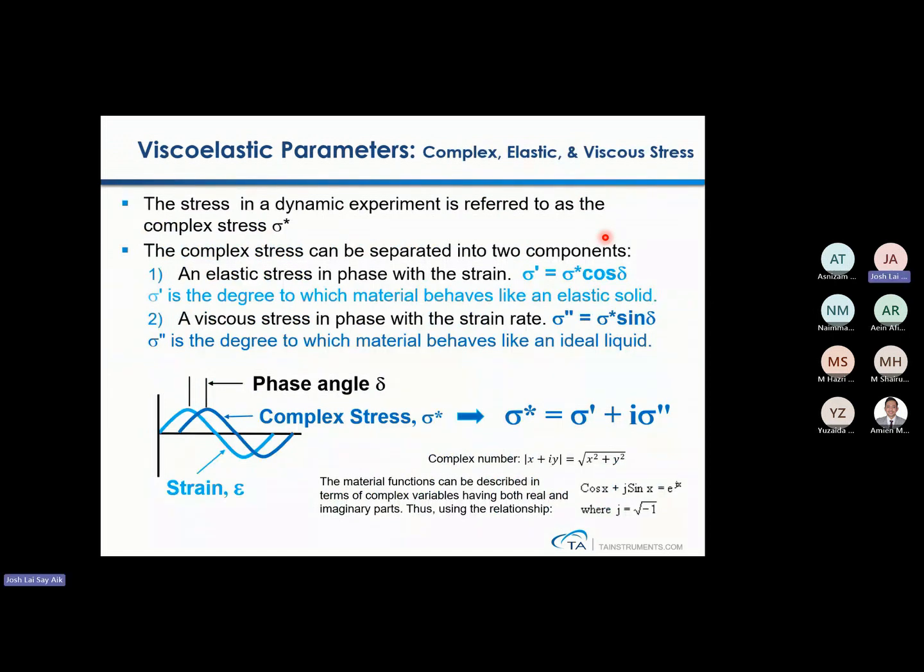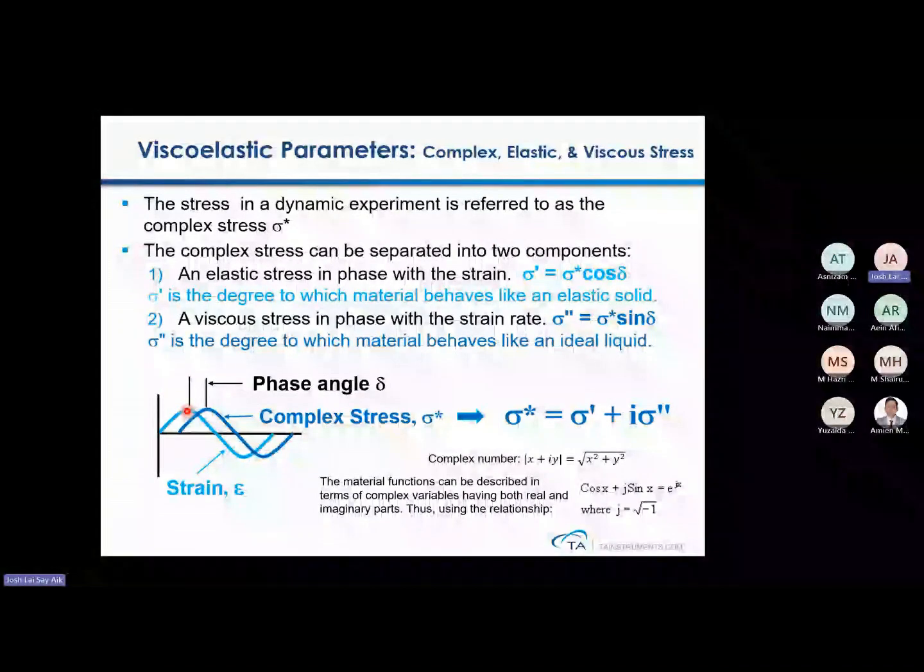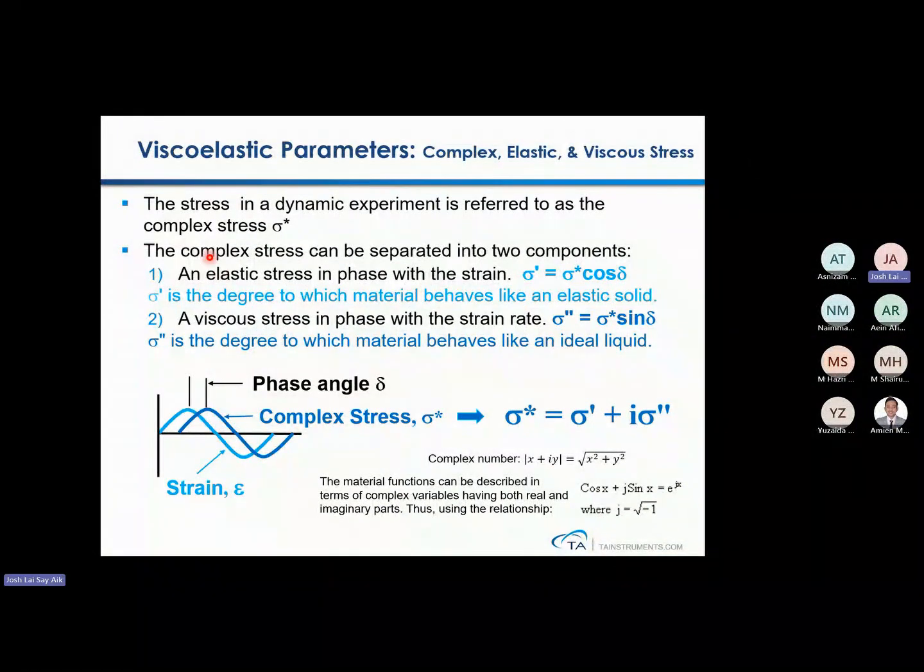So these are the viscoelastic parameters. Since we are applying a complex stress to the sample, because it's an oscillation stress, the complex stress is then going to be separated into two components. From here, you can see you have a real number and an imaginary number.